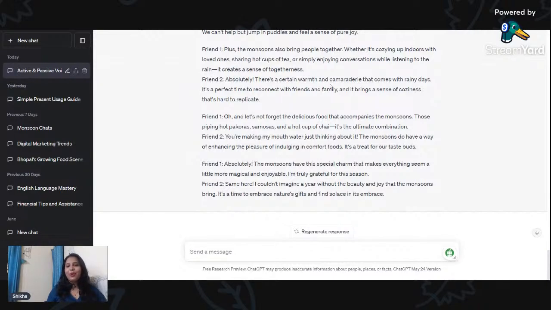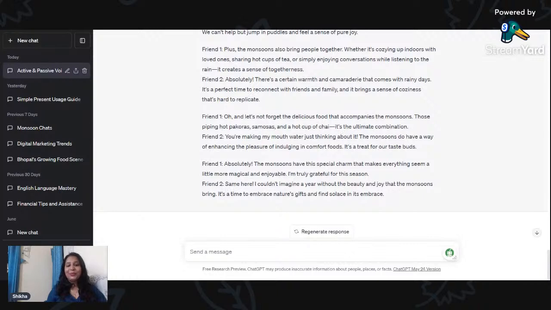There's a certain warmth and camaraderie that comes with rainy days. It's a perfect time to reconnect with friends and family, and it brings a sense of coziness that's hard to replicate. Friend one: Oh, and let's not forget the delicious food that accompanies the monsoons. Those piping hot pakoras, samosas, and a hot cup of chai.